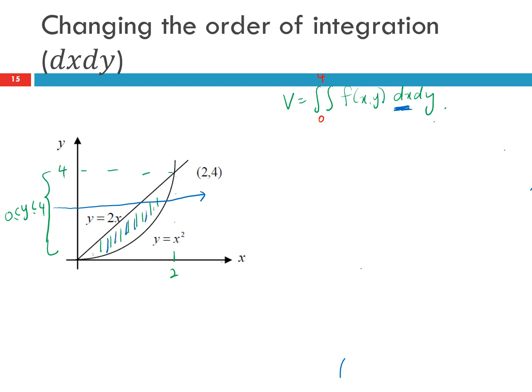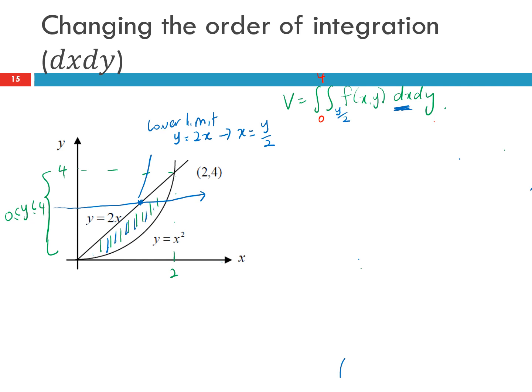So we have this as the lower limit, and the lower limit here is from the equation y equal to 2x. Since we want to find x limits of integration, you need to rearrange. So x equal to y over 2. So this is the lower limit, y over 2.